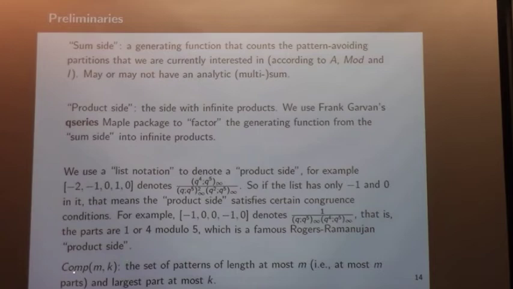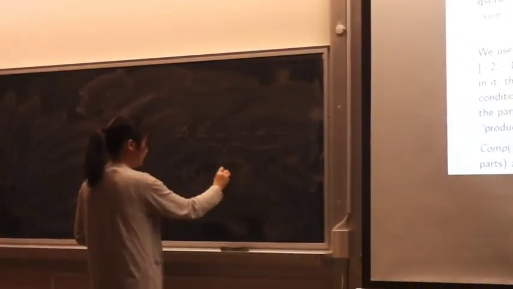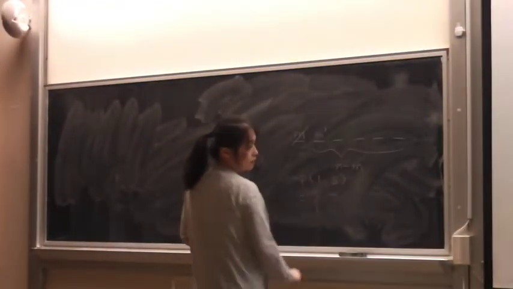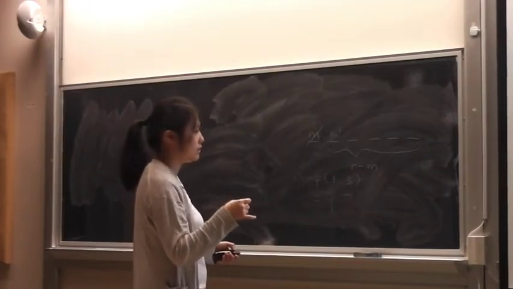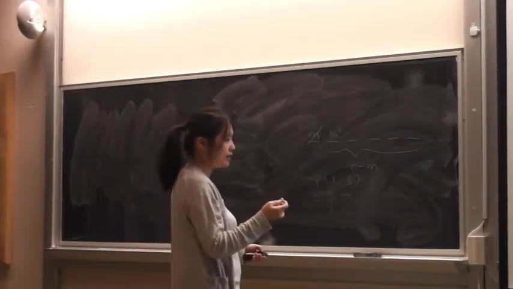Another notation: comp M, K, that's a set of patterns of length at most M, that is, at most M parts and largest part at most K. So say comp 1, 3: the set of patterns of length at most 1 and largest part at most 3.